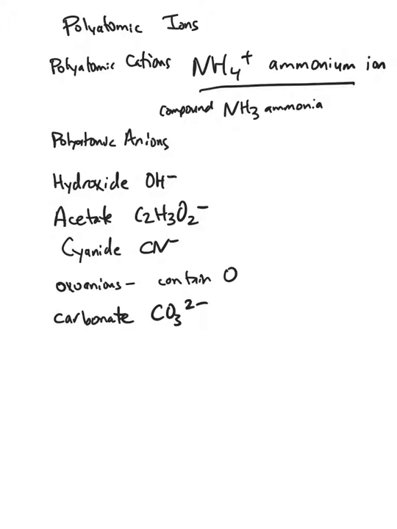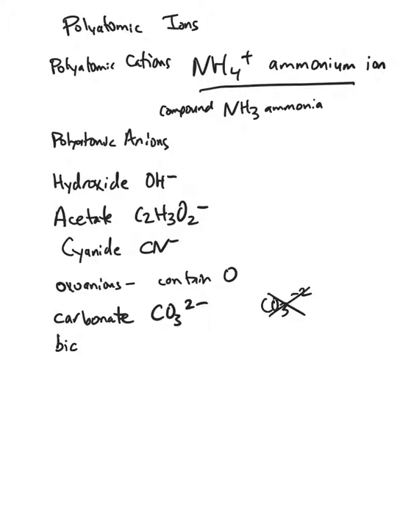CO3 2 minus. Carbon, 3 oxygens, and a -2 charge. If you notice when we write this -2 charge, we don't write it as CO3 -2. It's CO3 2 minus.